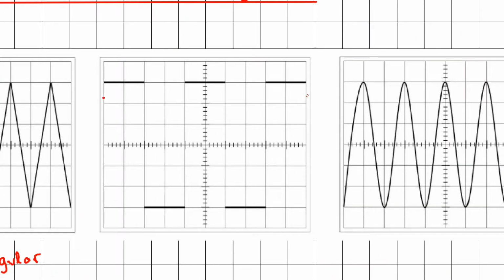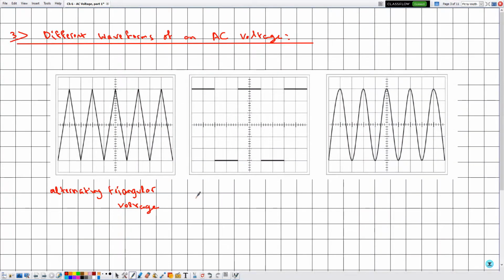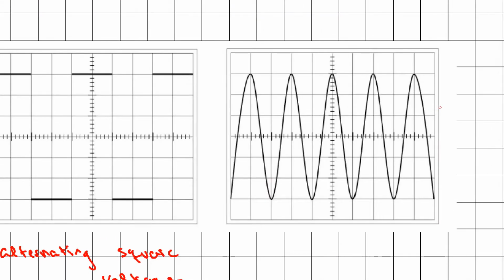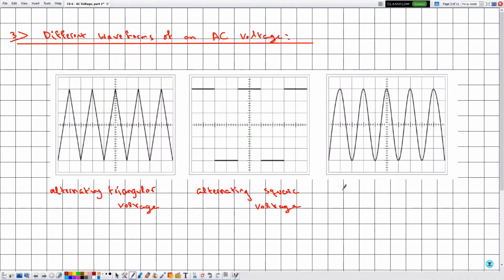In this case we can complete the square, and this is given by the alternating square voltage. And in this case it has the shape of a wave, and this is given by the alternating sinusoidal voltage.